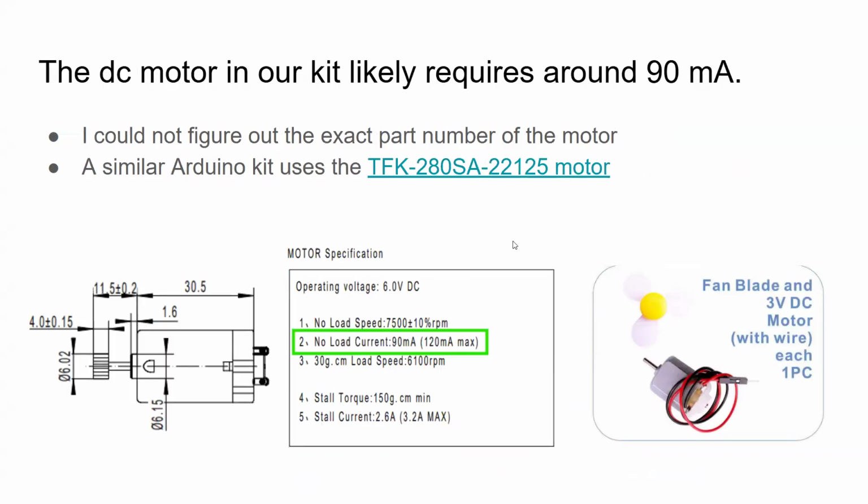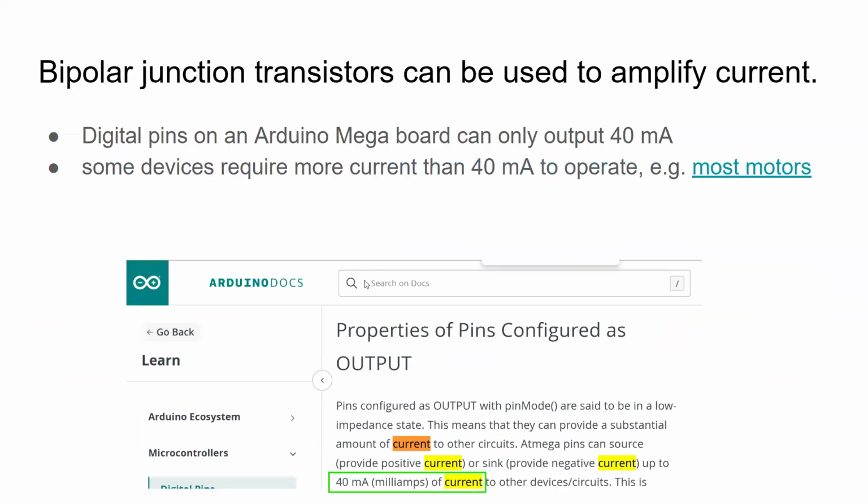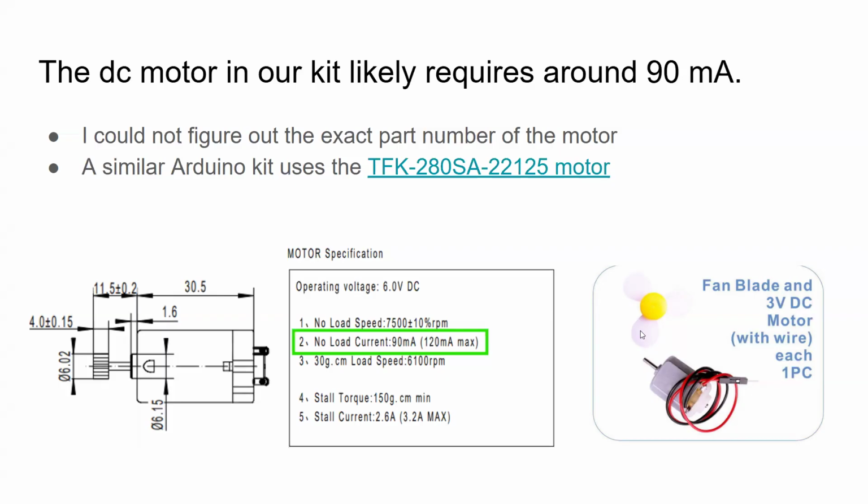So, for example, here I've got the DC motor in our kit, and so this requires 90 milliamps to run with no load here. So obviously we can't control it directly with just a digital pin, right? Because going back here, these digital pins can only output 40 milliamps of current.